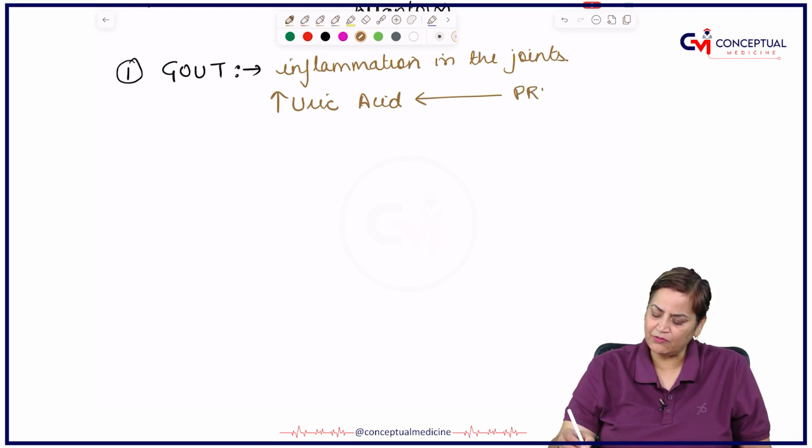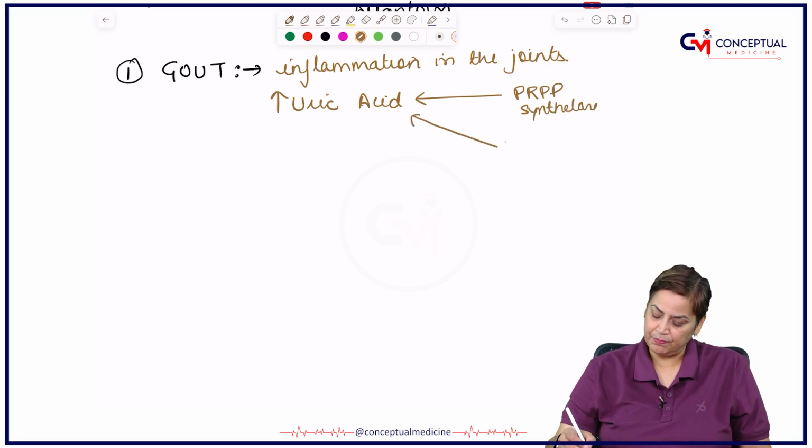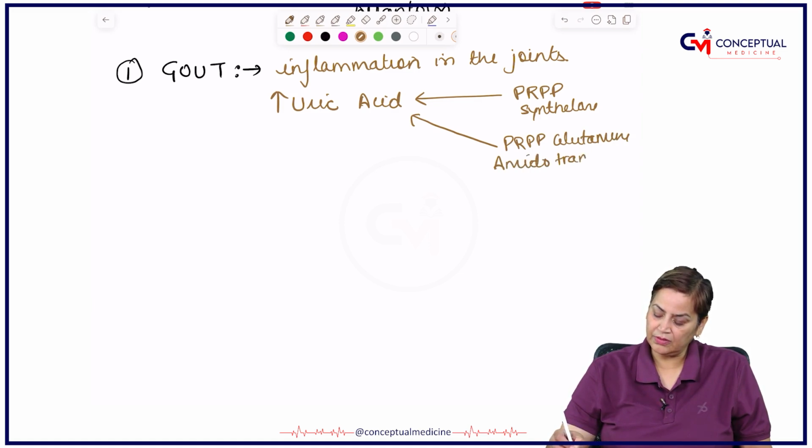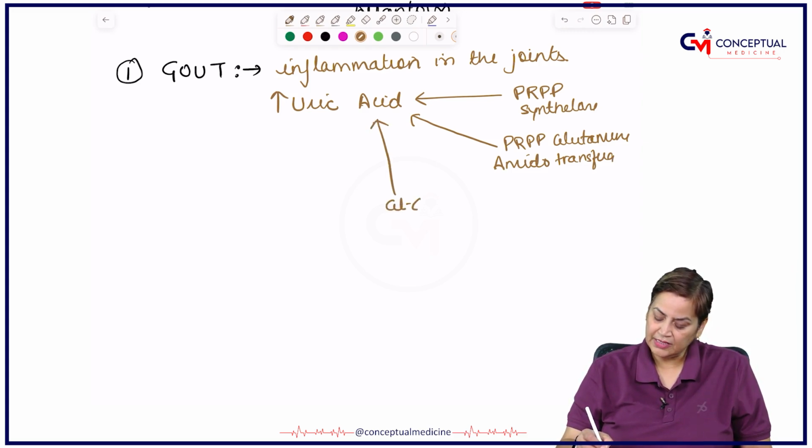The first enzyme, if you remember, is PRPP synthetase. Second enzyme, PRPP glutamine aminotransferase. Third factor which can lead to this is glucose 6-phosphatase.